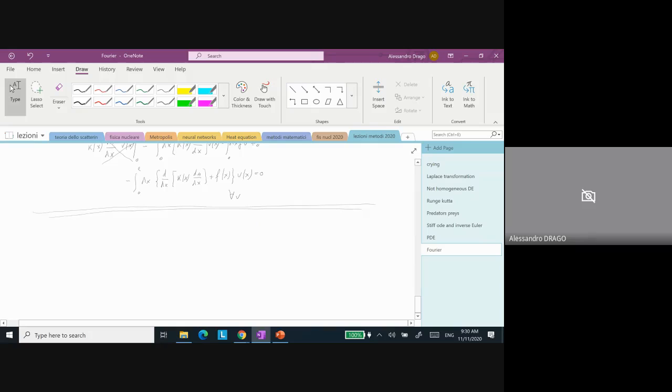So suppose that we have a space V, and this is a vector space. Okay, so it means essentially that we have defined in particular a scalar product inside this space.